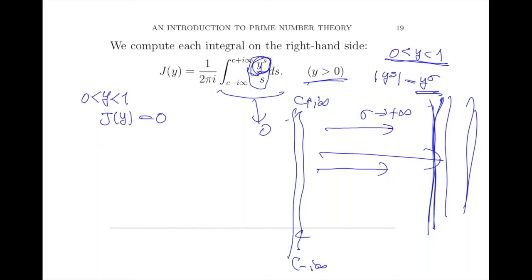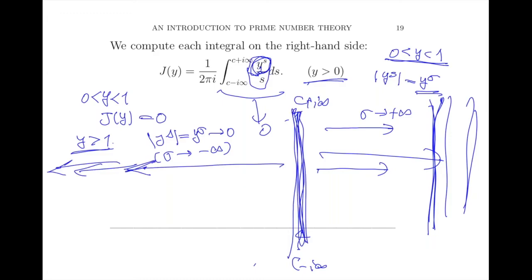However, if y is greater than 1, the absolute value of y to the s, y to the sigma, tends to 0 only when sigma tends to minus infinity. So in this case, we should move this path of integration to the left side. Then again, this integral tends to 0.